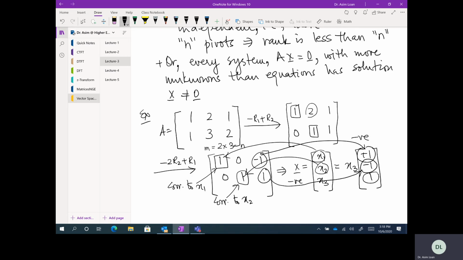And this is a free variable. So the third column is a dependent column. Okay.